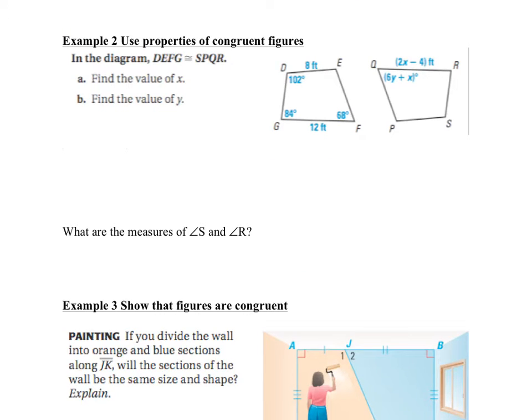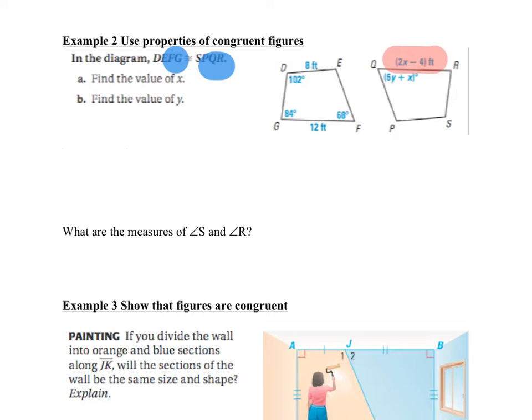So we're going to use these properties, knowing that I have congruent figures, to find missing values. So I have DEFG congruent to SPQR. If it wants me to find the value of x, which is just by itself with that side, QR, its corresponding part would be FG.